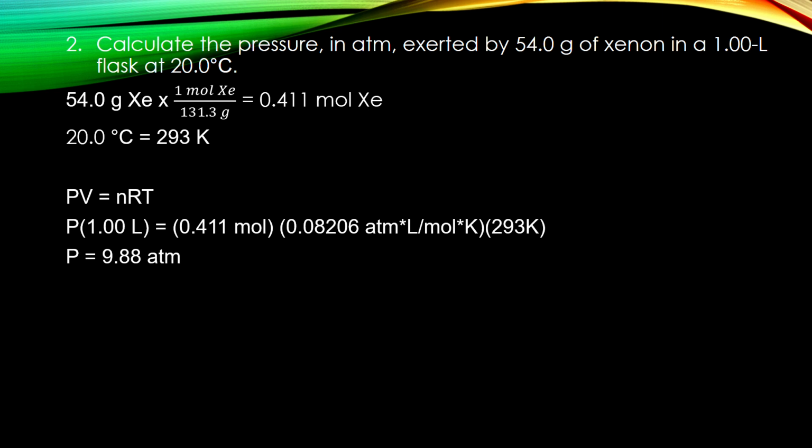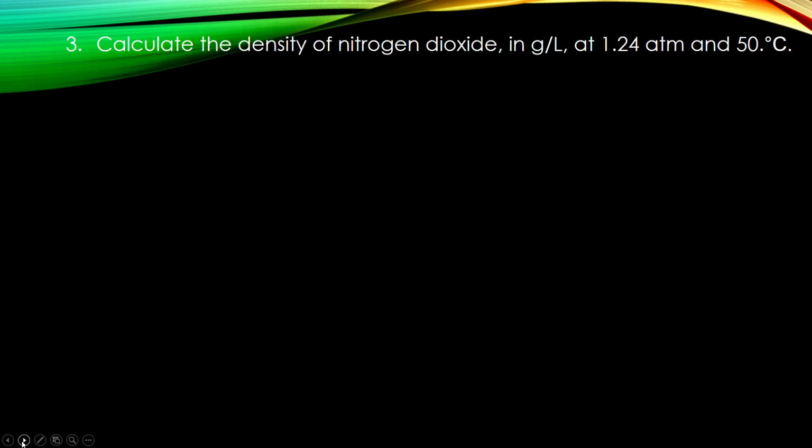And the last problem under the ideal gas law, and the last one we're going to do in this video, is to calculate the density of nitrogen dioxide in grams per liter at 124 atmospheres and 50 degrees Celsius. So I need to, first of all, make sure that I have my temperature in Kelvin still.